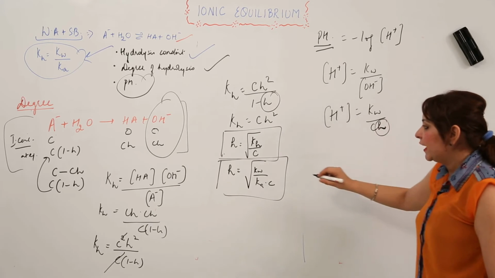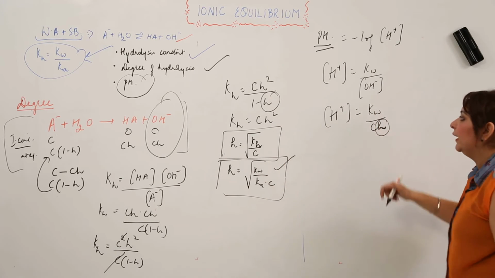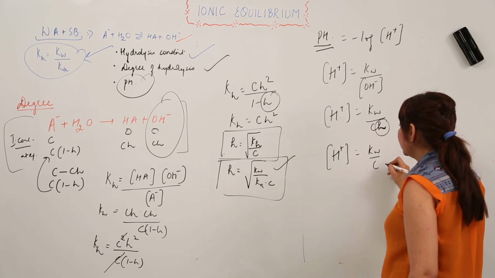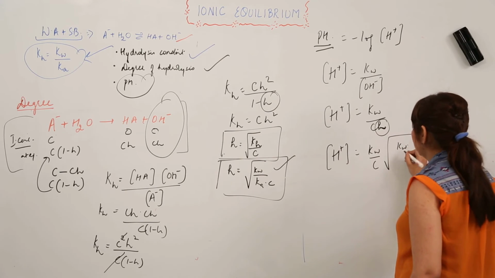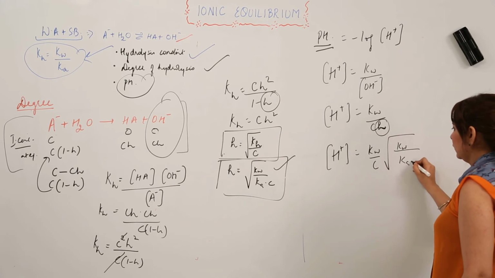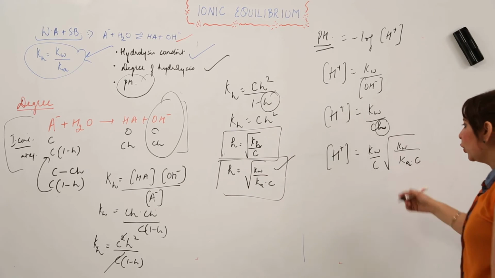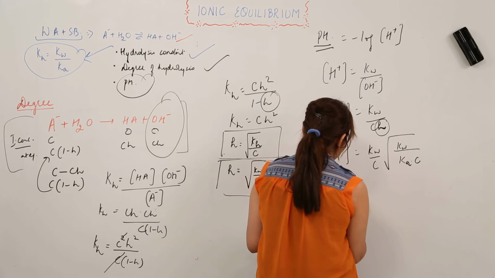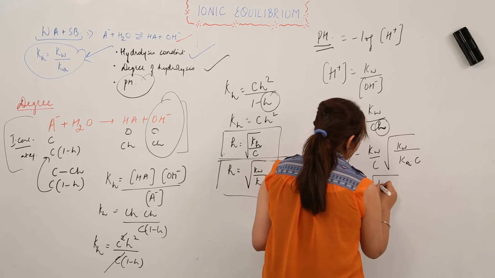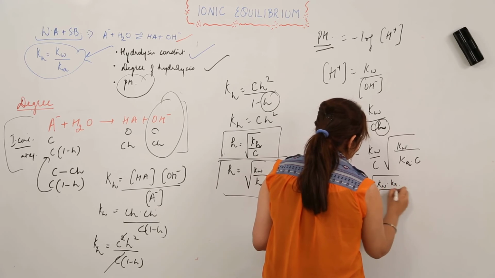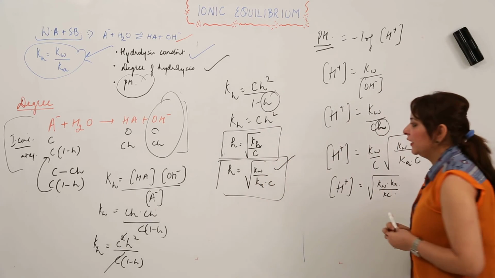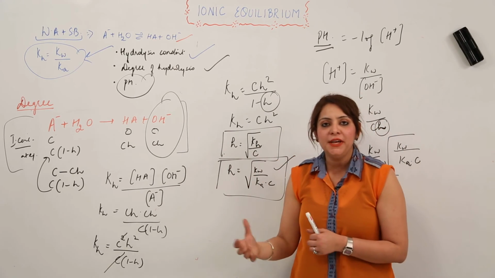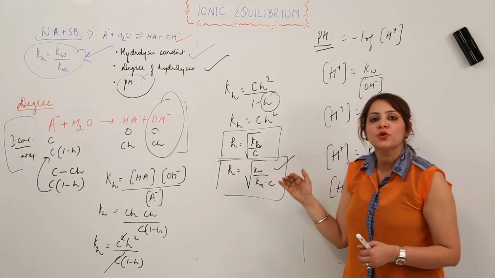Now we have the value for this, so I can substitute it here and solve. This is how we do it: I write the pH and then derive the hydrogen ion concentration.